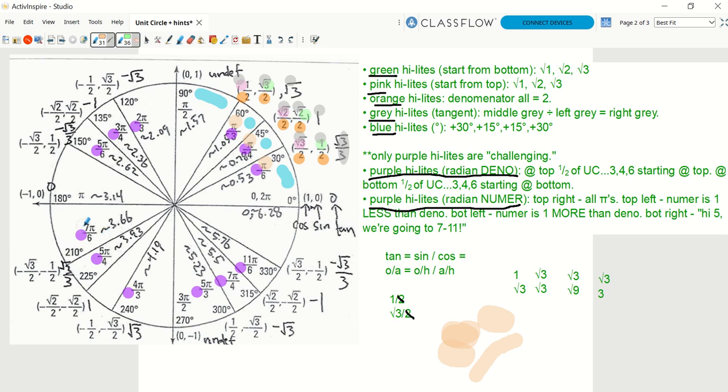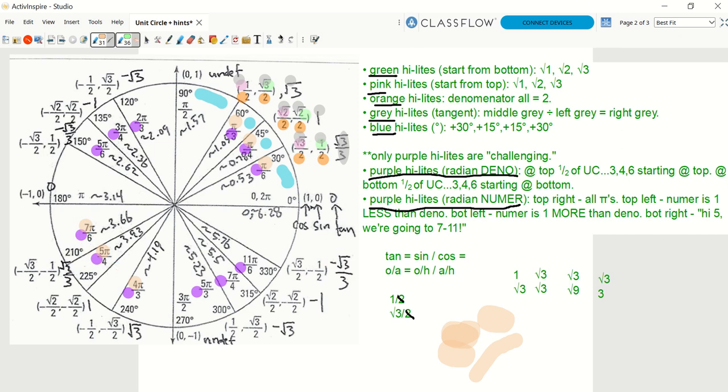Over here, you can think of the numerators as always 1 more. So 7 is 1 more than 6. 5 is 1 more than 4. 4 is 1 more than 3. Again, we're comparing numerators with denominators.